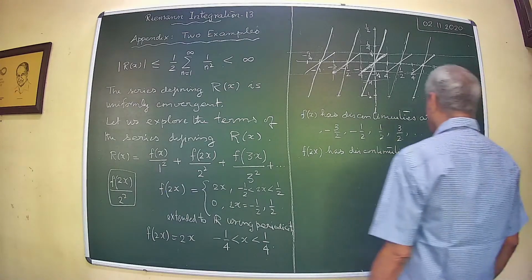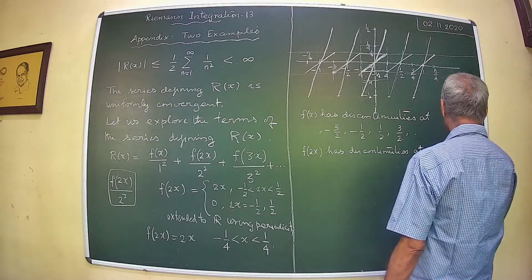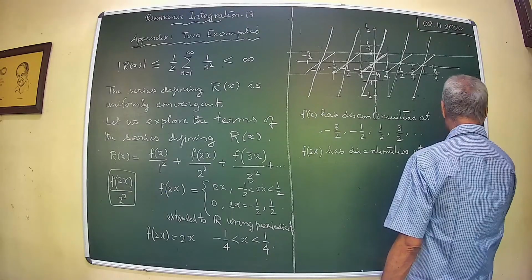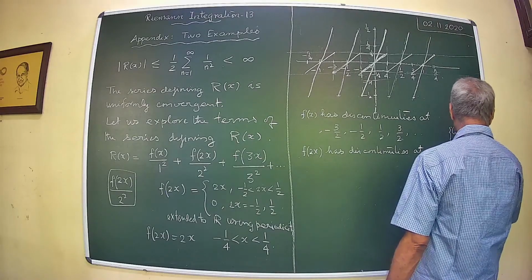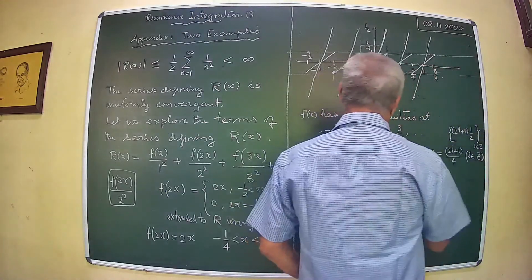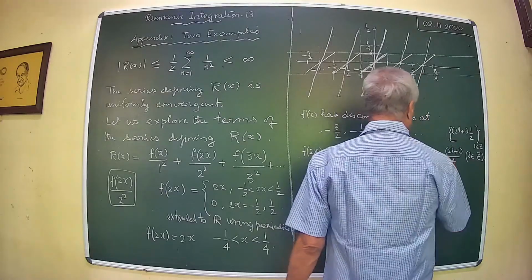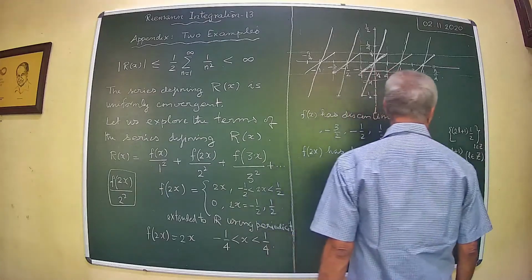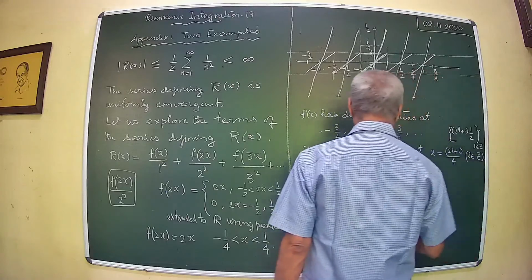Therefore, at x equal to (2l plus 1) by 4. Now if you try to plot this, for l equal to 0, it is going to be 1 by 4.